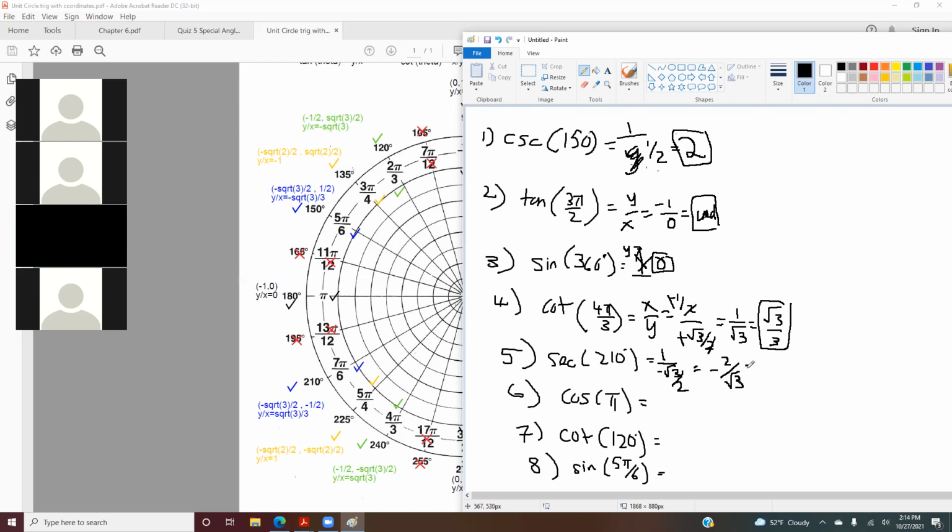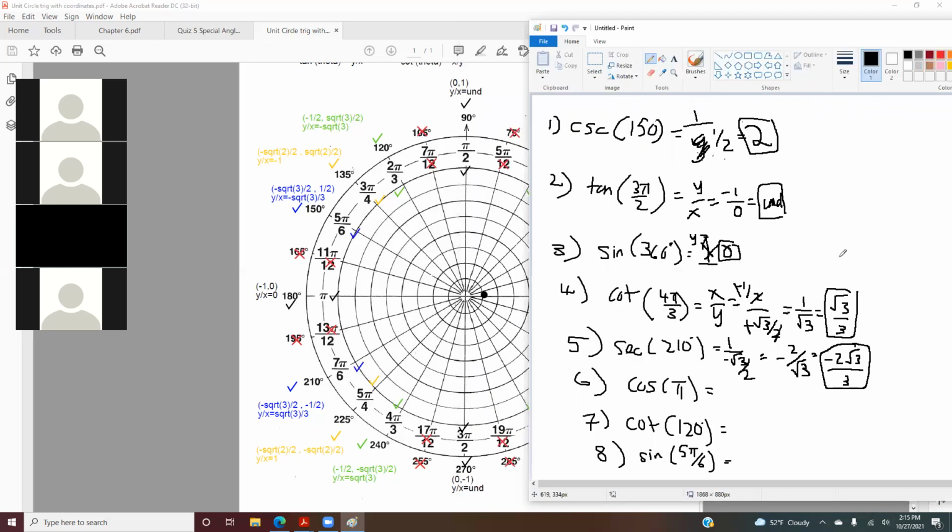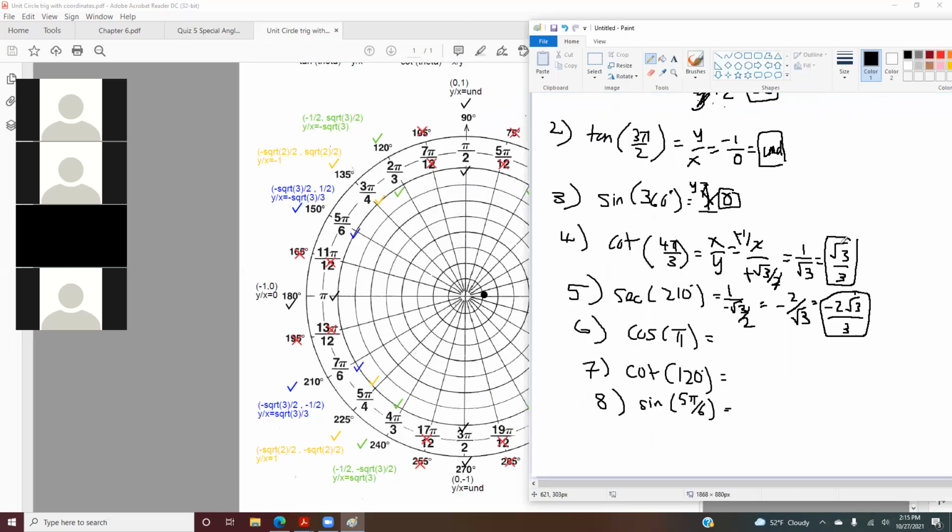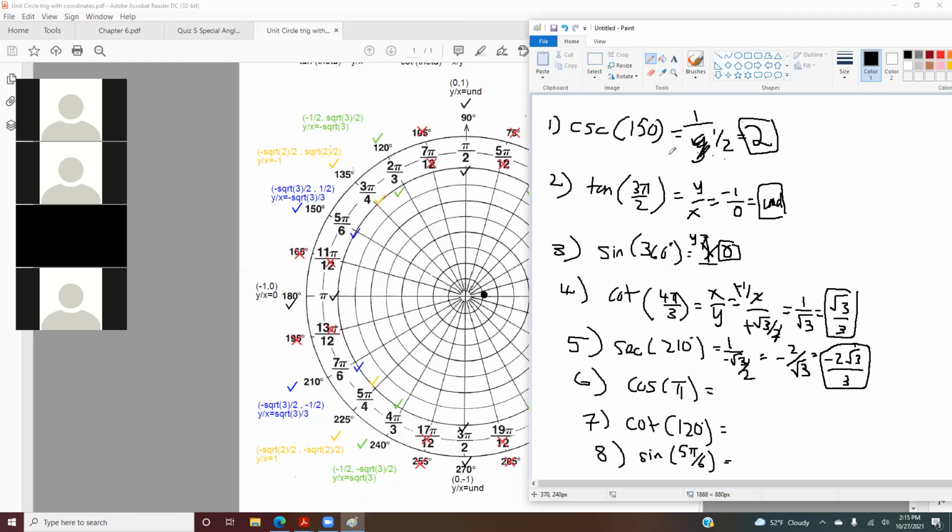And does anyone know how to rationalize this? Is it negative 2 square root 3, and then 3 at the bottom? Yep, that is correct. You guys okay here now? Because it's asked in your test, worth a point each.